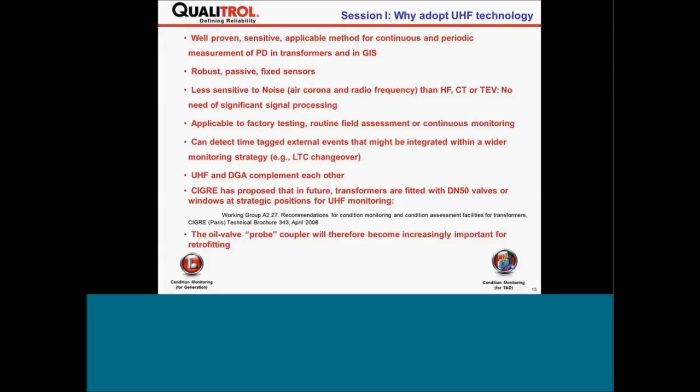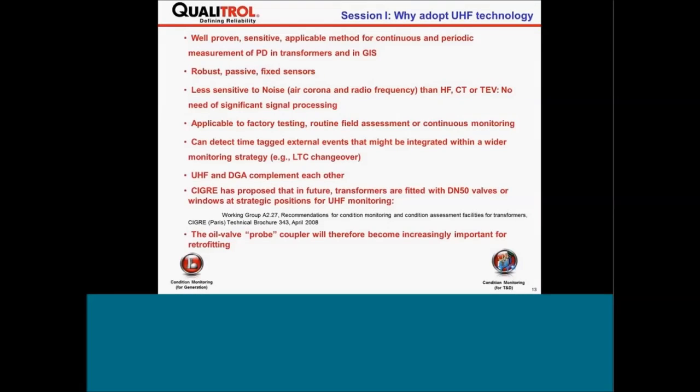You need a few more in order to do location, but you don't need many sensors on the transformer. It's also been used in gas-insulated substations for many years now, almost over 20 years. So it is a proven technology for partial discharge detection.